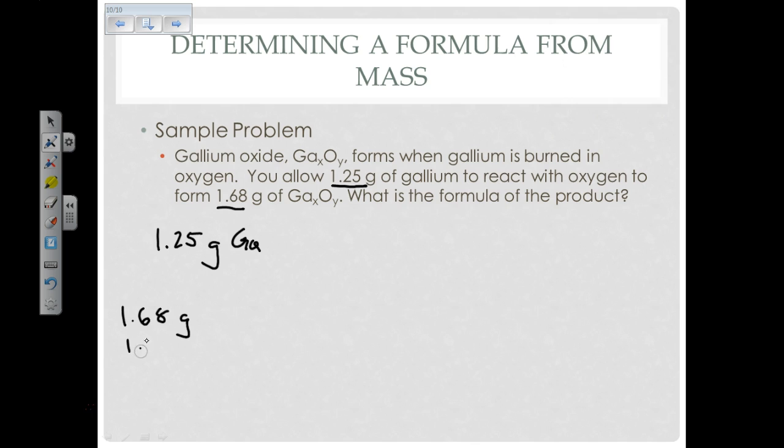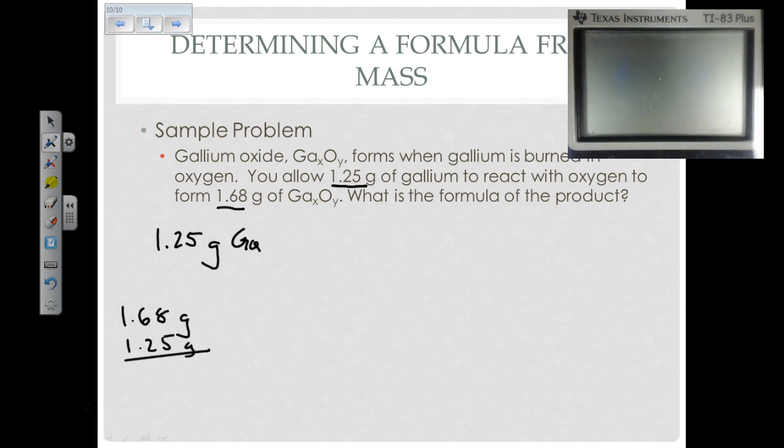Well, if 1.25 of it is gallium, let me open up my calculator here so that you can see what's going on. Let's go 1.68 minus 1.25. Because we know we started with 1.25 grams of gallium, and it gained mass. That's what it should do. Okay, 0.43 grams of oxygen.